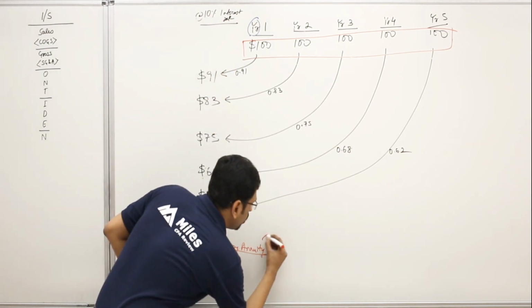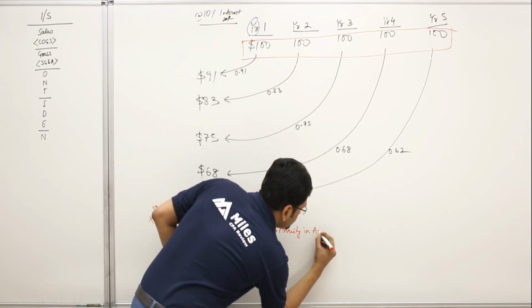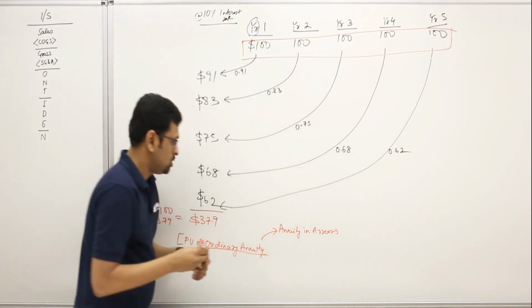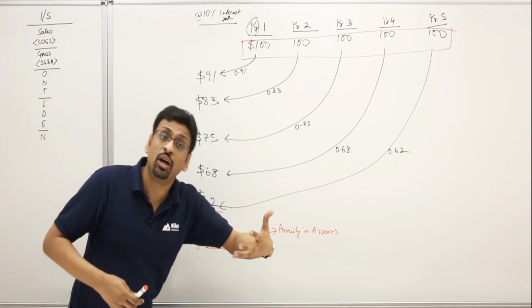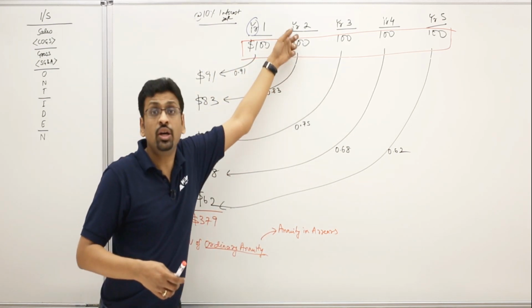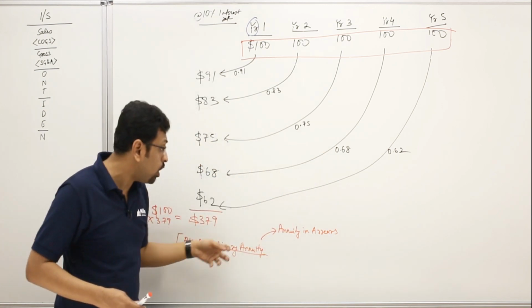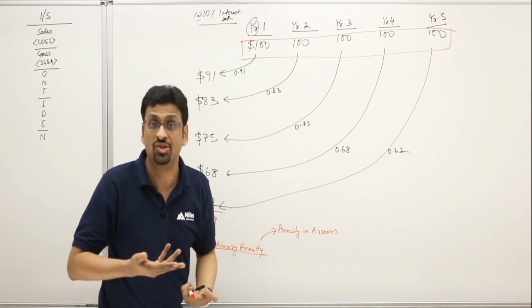Ordinary annuity is also called annuity in arrears. So guys, as you can understand, the money in year 1 is coming in at the end of year 1, and that's why it's worth only $91 today. The money, $100 for year 2, is coming in at the end of year 2. So ordinary annuity, annuity in arrears, it comes after the year ends.